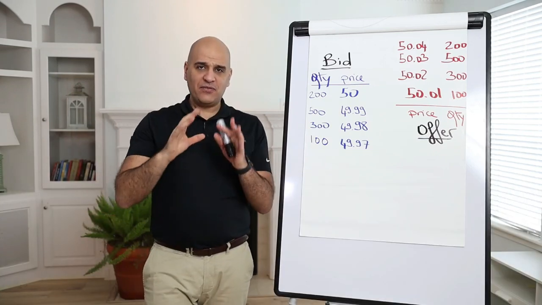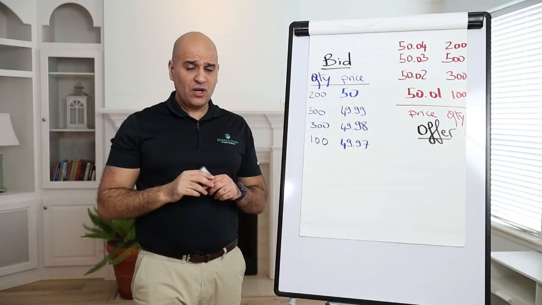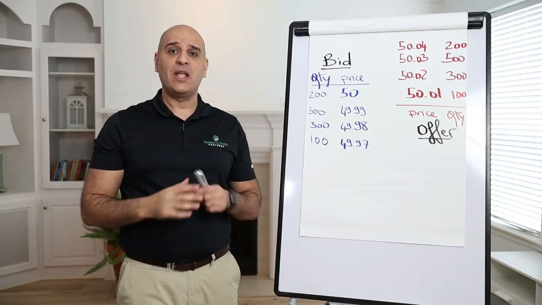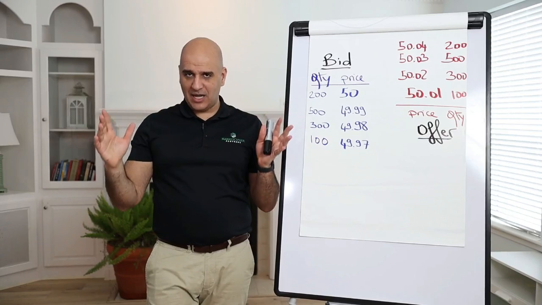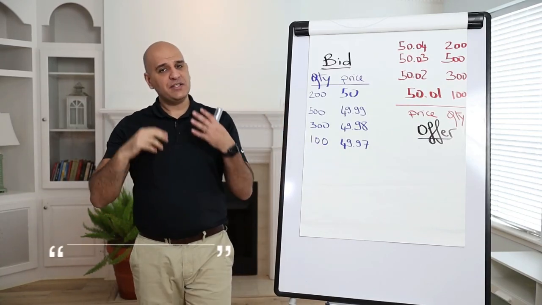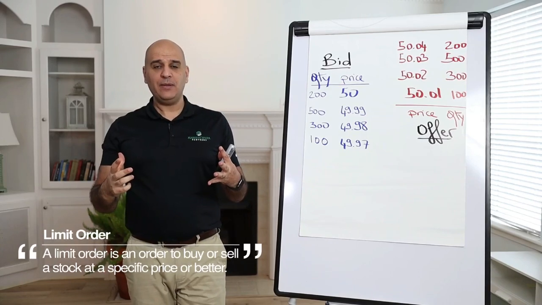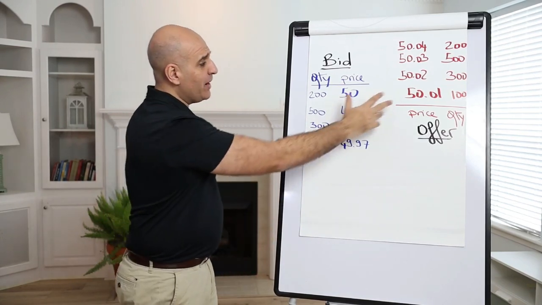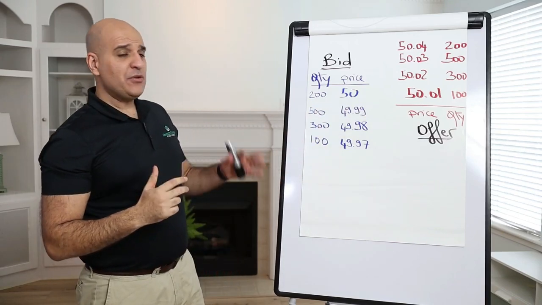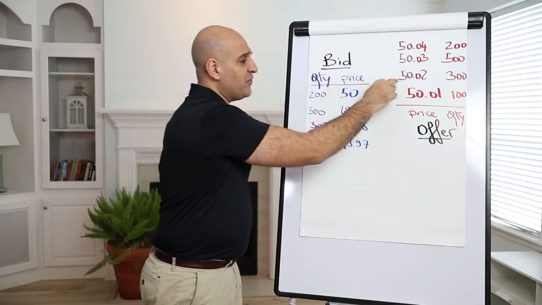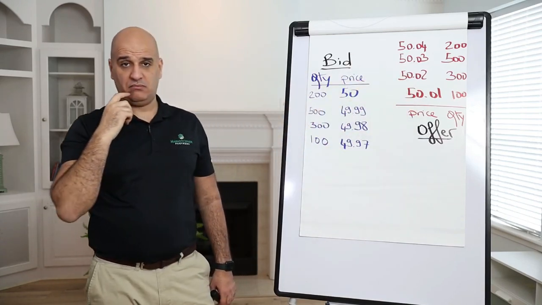Now, another very important thing that I wanted to talk about is how you actually execute these orders. There are multiple types of orders, but let me talk about two of them. One is a limit order. With the limit order, you say, I want to buy 200 shares, but the maximum price I'm putting in is $50.01.